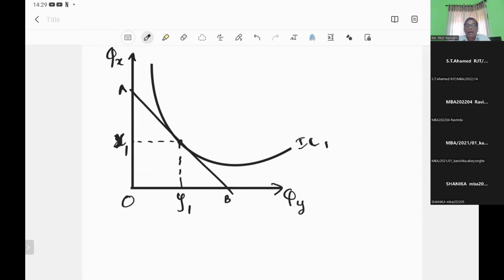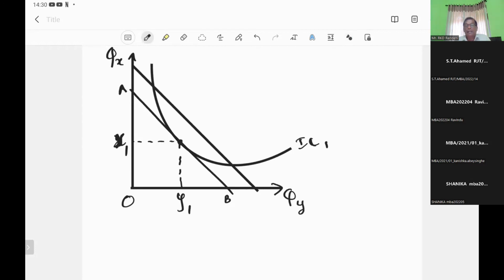Now assume that the consumer income is increasing. Then other things are constant. Other things means the prices of the two commodities are stable, not changing. Then the consumer income is increasing. Then the budget line or price line shifts to the right-hand side.